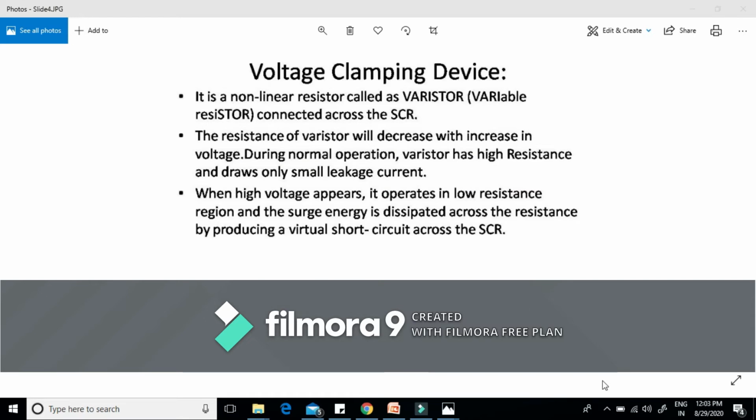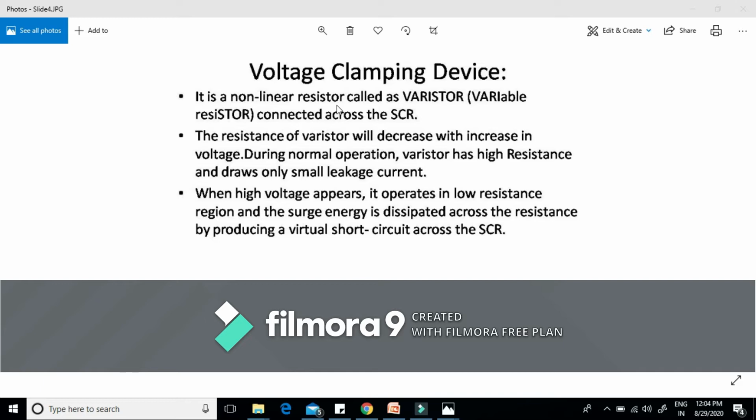This voltage clamping device is basically a non-linear resistor called a varistor; the word varistor is derived from variable resistor, and it is connected in parallel across the SCR terminals.